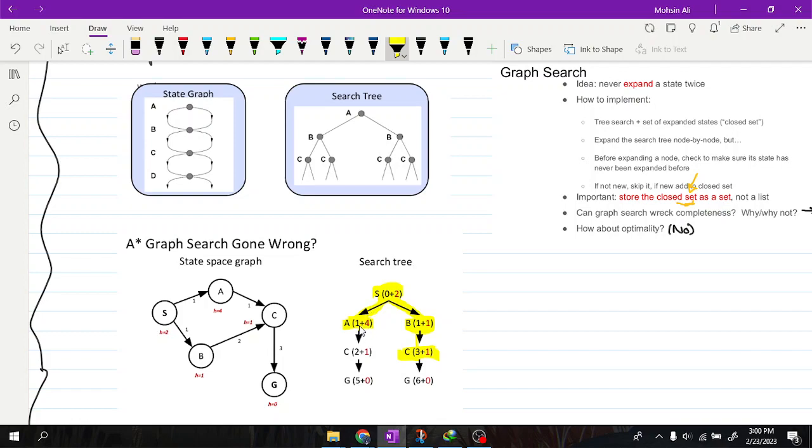Now I have an option of 3, which is much less than G. The first thought that would come to your brain is to just go to C. But we can't do this anymore, because we defined that we will be keeping a set of visited, so if C was already traversed, we won't go to C again. Which means we're not going to go to this path, and we're going to choose this path instead.